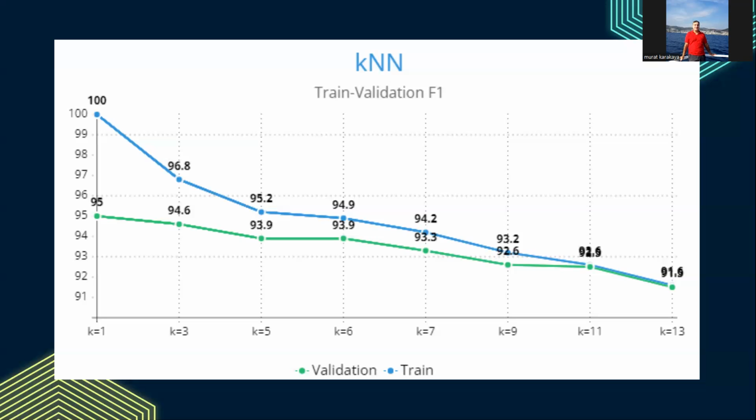Let me ask Zeynep. Zeynep, do you think that on that slide, according to the result, when K is selected as 3, there is an overfitting risk? No. I mean, yes, but we can use it, I think. The difference is not that much between train and validation.